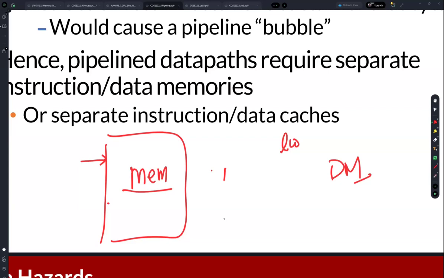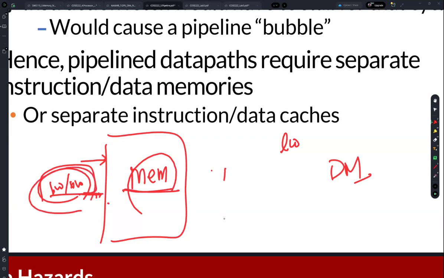And if this instruction is load word or store word, it needs to access the memory, but this memory is already occupied. So in this case, the instruction needs to wait for one cycle. Waiting for one cycle means a clock cycle is wasted.